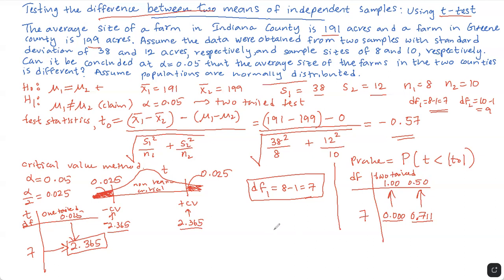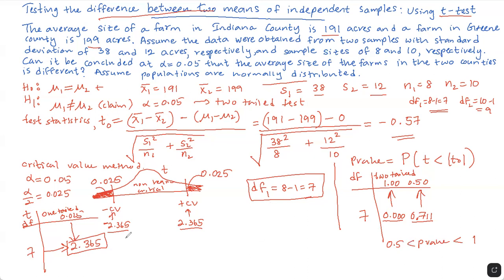So here we can have a range for the p-value: between 0.5 and 1. If you use a calculator, you can get the exact p-value, but since we use the t table, we have a range for the p-value.